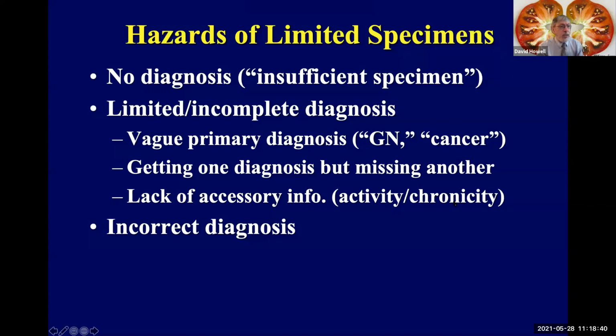Chronic disease: sclerosis and fibrosis, things that might not be amenable to any kind of therapy. So you can say this patient has lupus nephritis, let's say, but you can't say how much active and chronic disease is present. So sometimes this is at least as important as being able to put a name on the disease. Finally, sort of worst case scenario is that with a limited biopsy, you may stretch too far trying to make a diagnosis and come up with a diagnosis that's simply wrong.